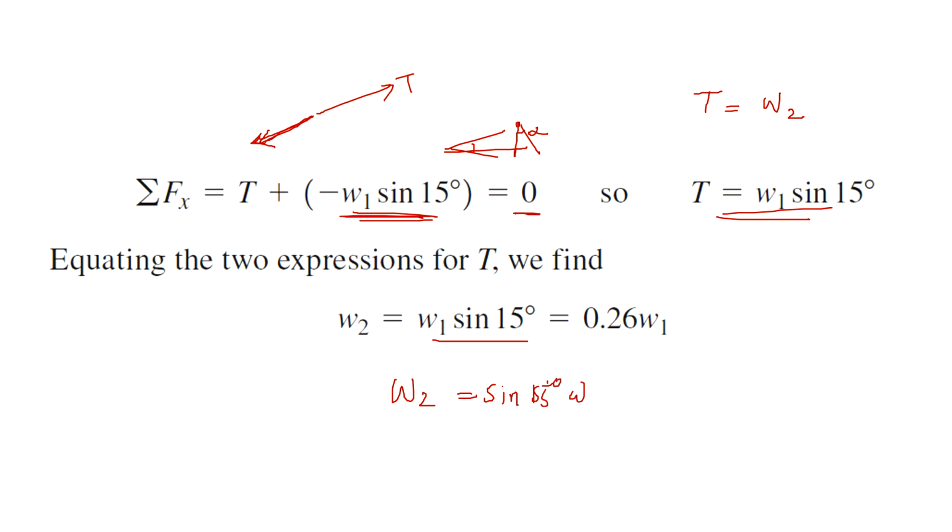From this, you can get a relation between W2 and W1. So that means that if and only if the cart and the bucket share this ratio of weights, you will be able to design such a system where this cart and bucket move at a constant velocity. If any of these weights changes so that this ratio is not satisfied, then the system will accelerate, fall down.